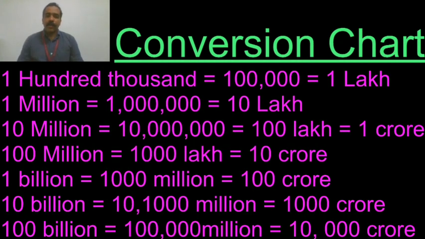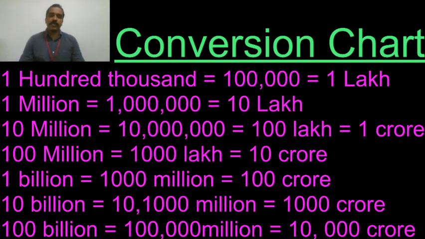See, look at the screen. There you can see, I told you already, in the Indian place value system we use 1 lakh, but in the international place value system 100,000 is equal to 1 lakh, and in the international system 1 million means in the Indian place value system it is 10 lakh.